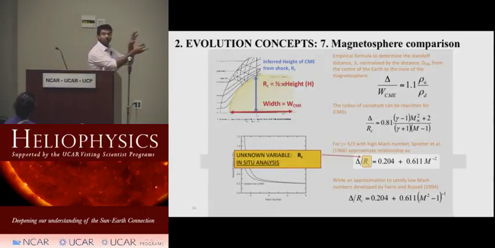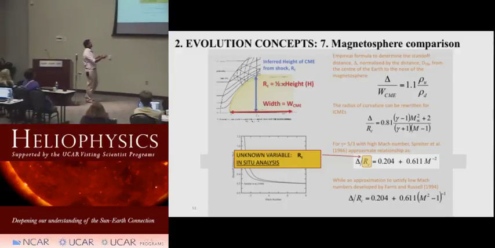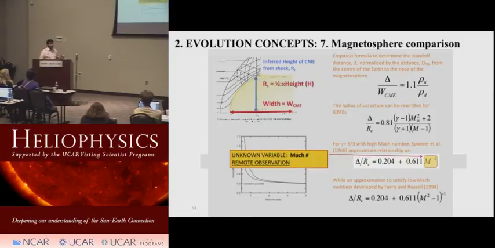One is the way I've described here: in this equation, when using in situ data, your unknown variable is this variable here, the radius of curvature, this perpendicular distance, the second dimension. But in remote observations, you know the two dimensions, you're seeing it with cameras. In that case, your unknown is actually this Mach number.